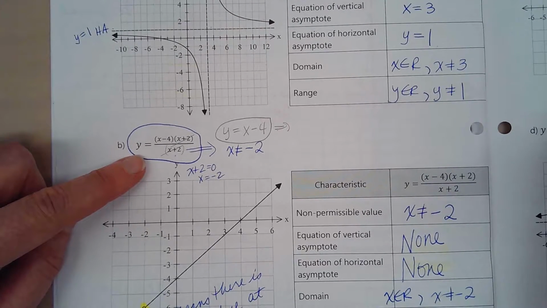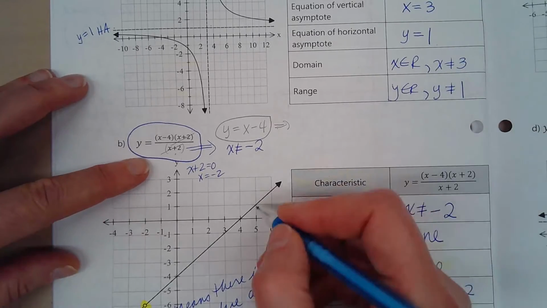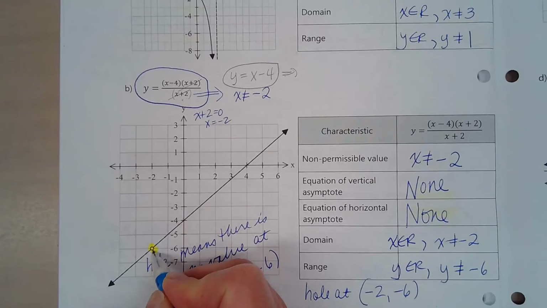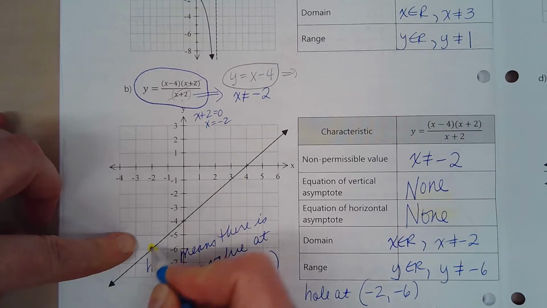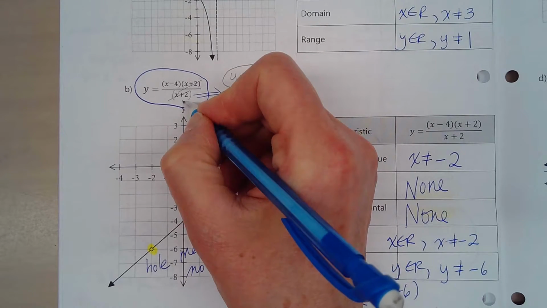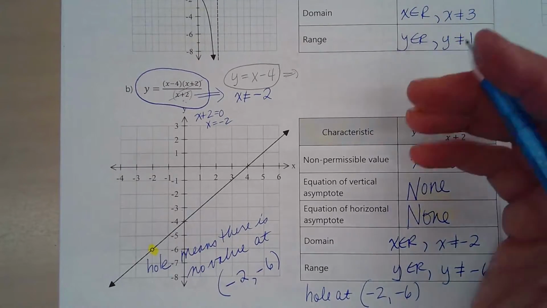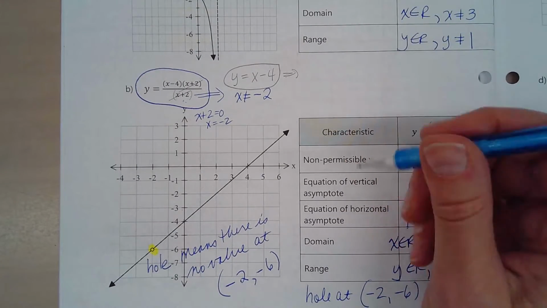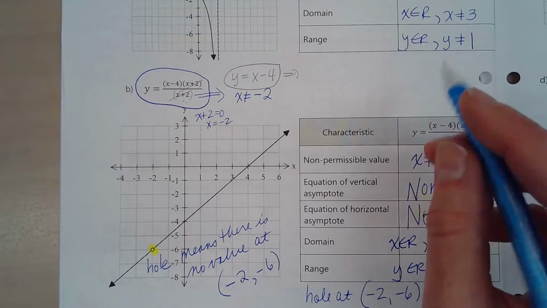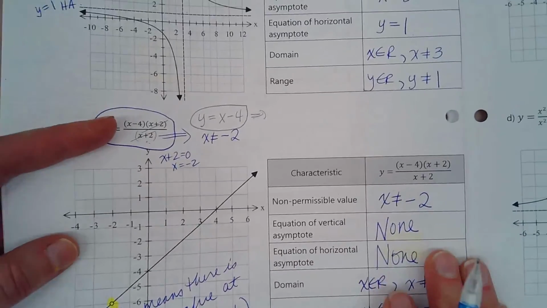This -2 was part of the original equation. It got canceled out, but it was part of the original. So I graph the line, but I have to include an empty hole here because that hole can't exist. If that value of x actually existed, the whole denominator would become 0 and the whole graph would disappear. It wouldn't be possible to be graphed. Okay? We're not going to get into the graphing yet, but we'll figure that out when we're graphing.